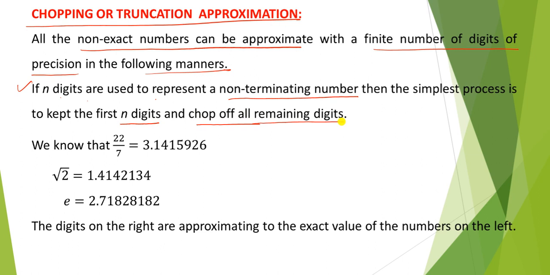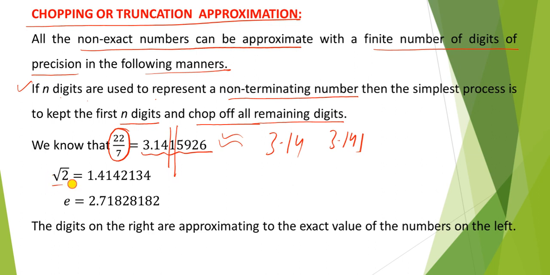If we consider the value of 22 by 7, which is 3.1415926, and truncate it correct to 2 decimal places, we write 3.14, or correct to 3 decimal places, it will be 3.141.